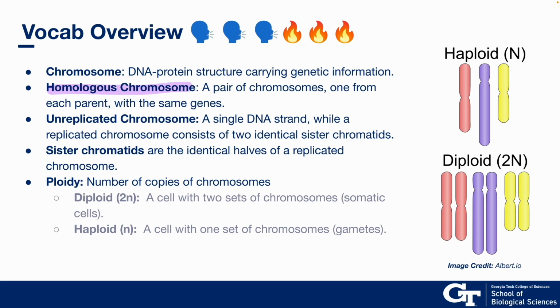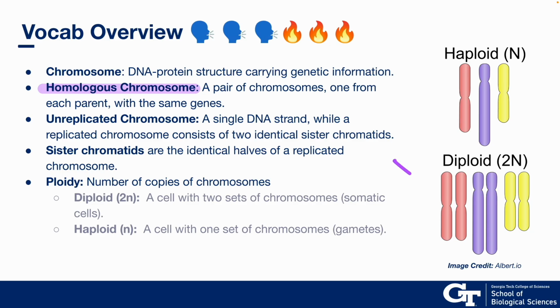Well, homologous, think homo, think same. What that means is that we have two chromatids that have come from each parent and they have the same genes in them. So they're homologous. They are the same on both sides.